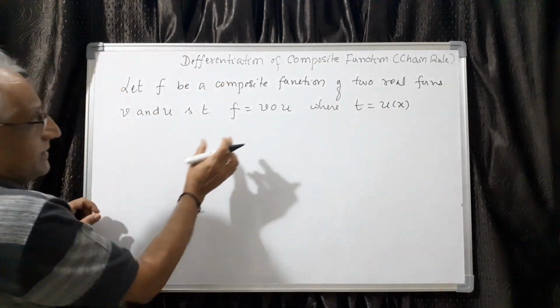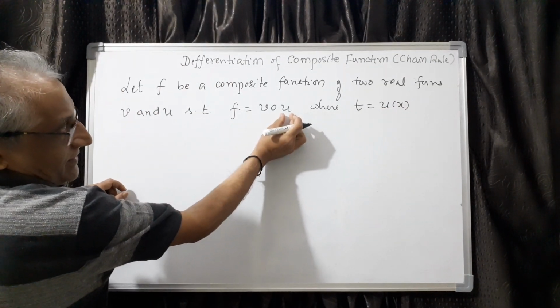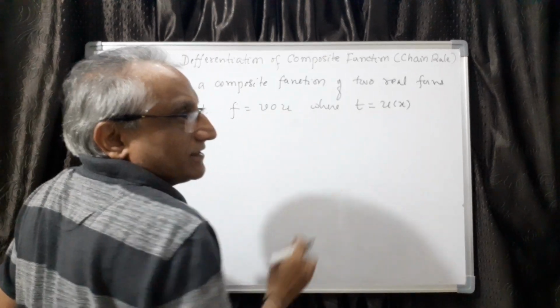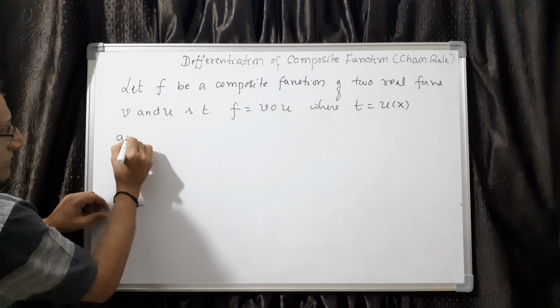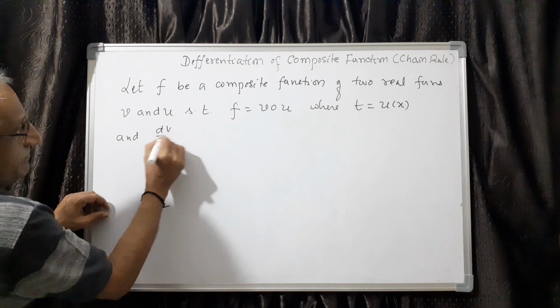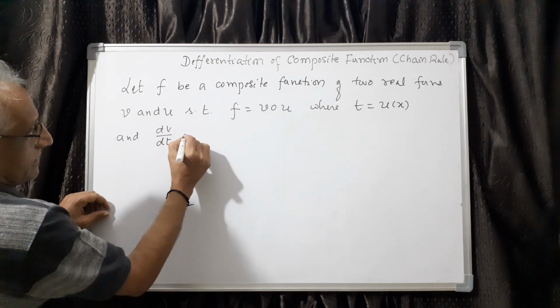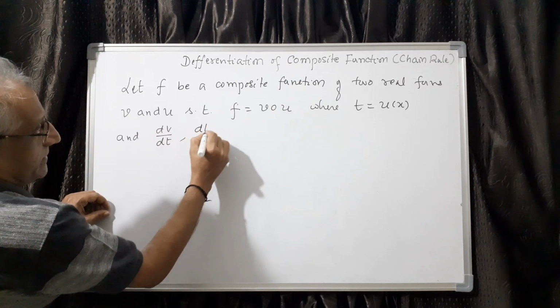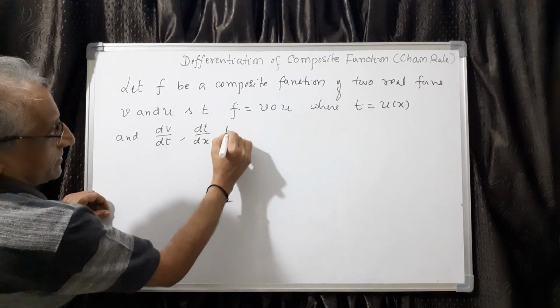That means you are taking this as the first function, t, and dv by dt and dt by dx both exist.